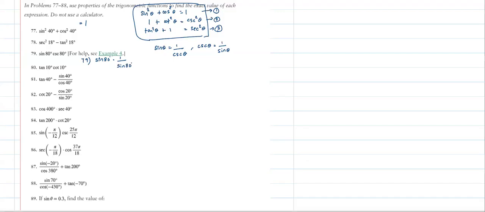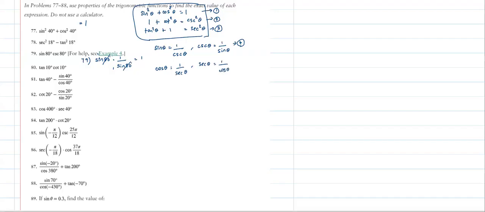So this and this get cancelled away, giving you my final answer as 1. Then the next identity that I want to use, let me call this 4. Likewise, I know that cosine is the reciprocal of secant, and secant is the reciprocal of cosine.